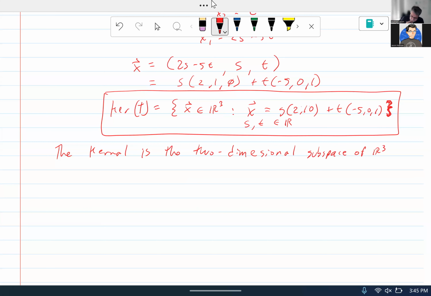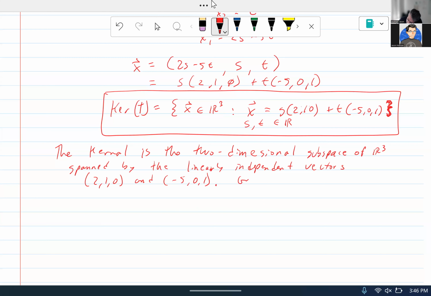It just happens to be the case here, spanned by the linearly independent vectors (2, 1, 0) and (-5, 0, 1).